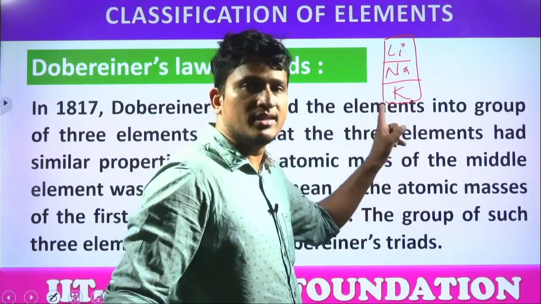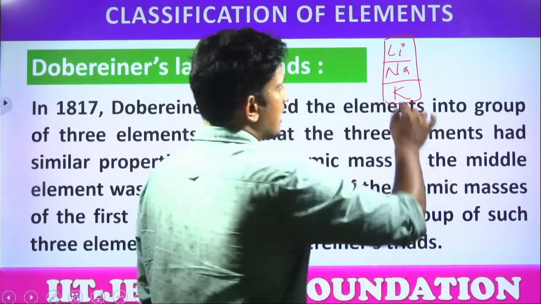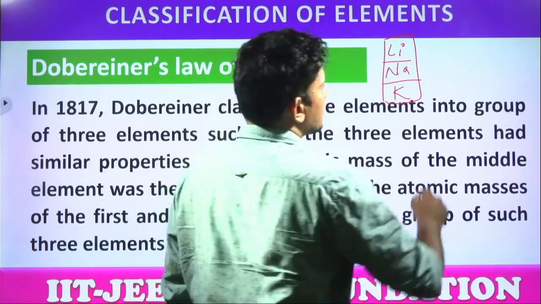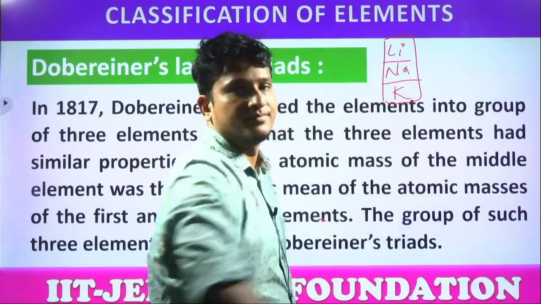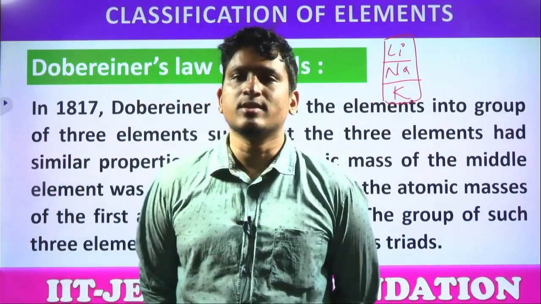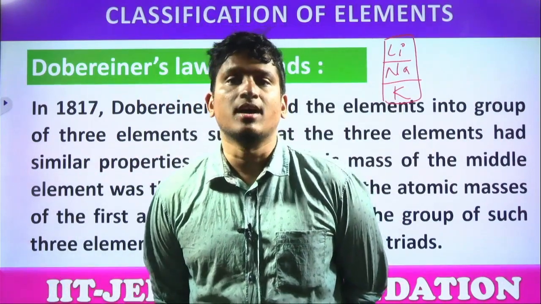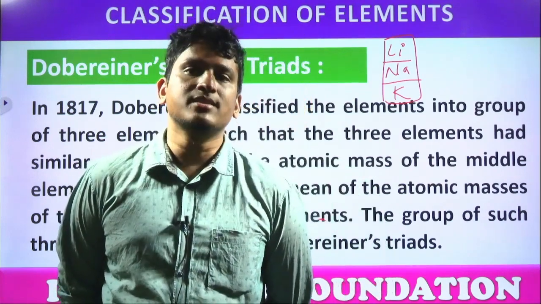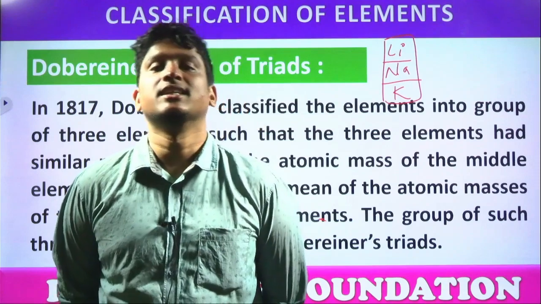What is the middle element in this triad? Sodium. Yes or no? The atomic mass of sodium is the average of atomic masses of the first and third element. That is the law of triads. That's it. What is the law of triads? The atomic mass of the middle element in a triad is the average of masses of the first and third element.